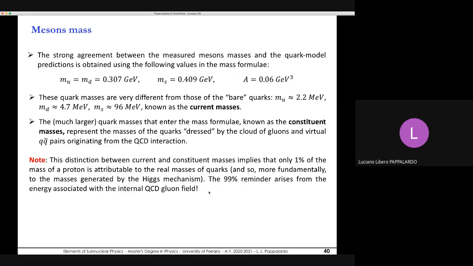The Higgs mechanism that we will study is a fundamental mechanism that allows providing masses to bosons and also to elementary particles like fermions and quarks, but it only accounts for 1% of the mass that we observe in our ordinary world. All the rest comes from the QCD energy.